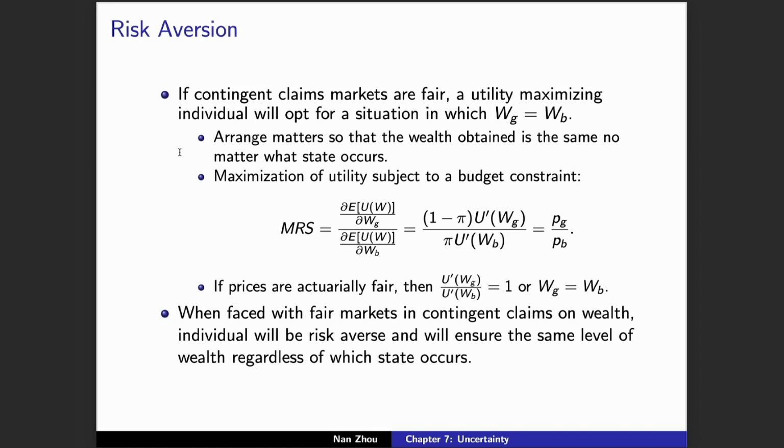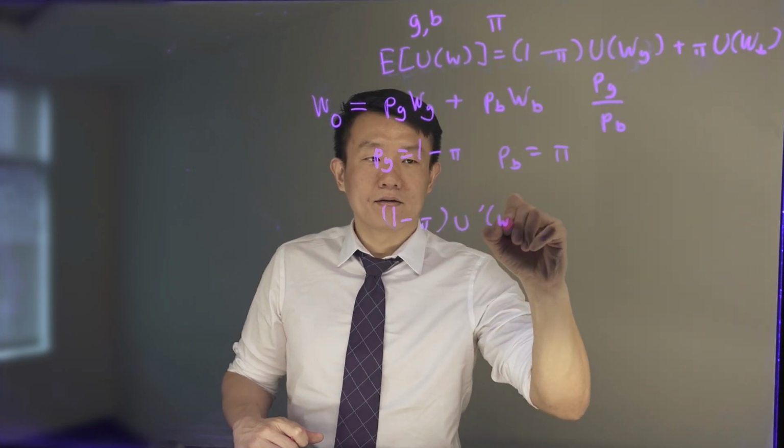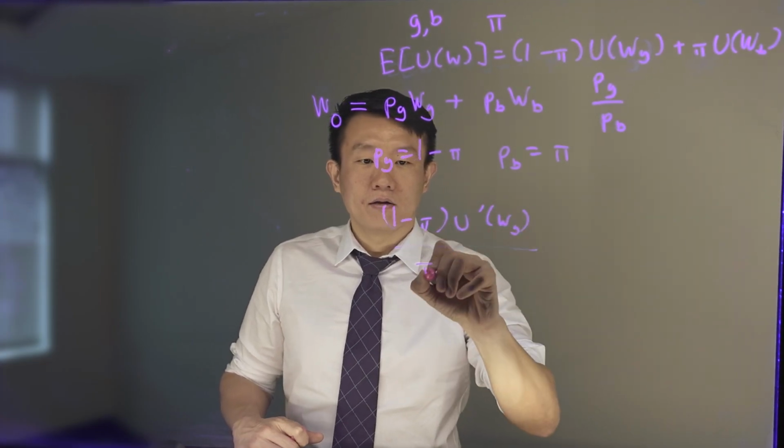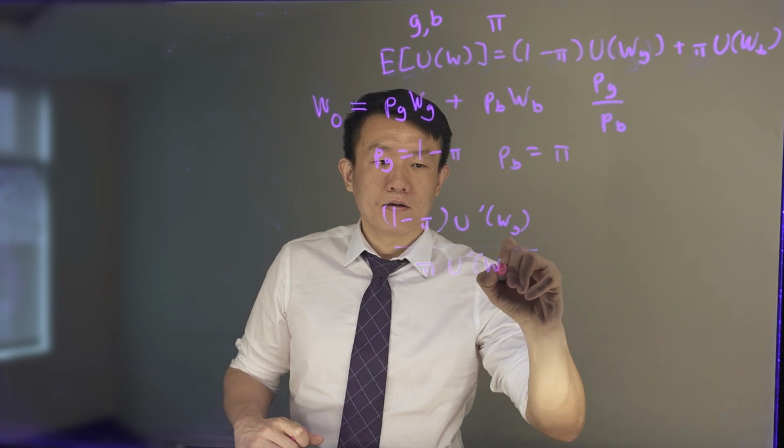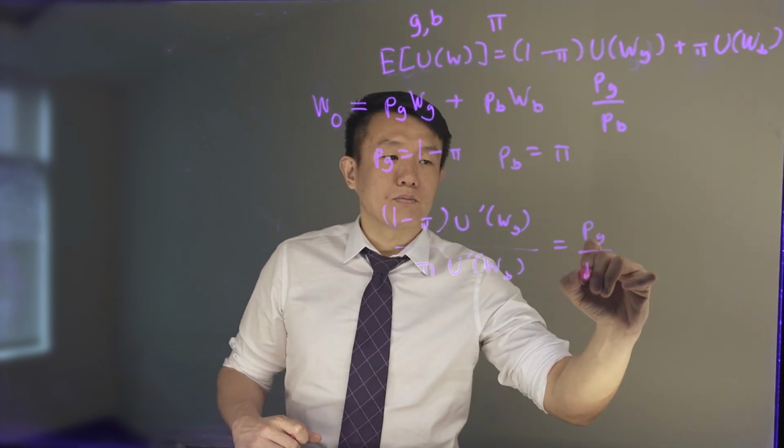Maximizing this expected utility, we're going to get a familiar result, which is that the ratio of the marginal utilities in each state is going to equal the price ratio.